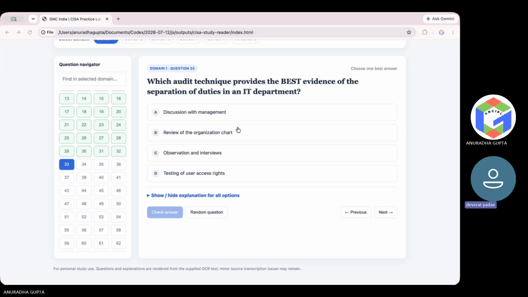Segregation of duties, testing access rights. I think D. Option D, the last: testing of user access rights.